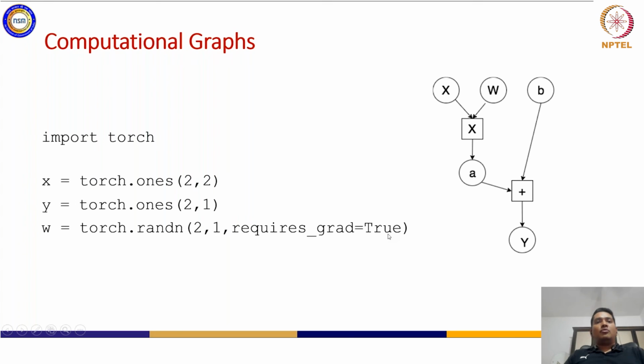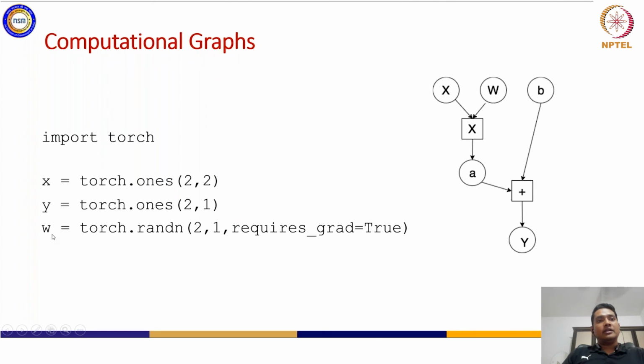Once you want to define the neural network, you need to know which are the input variables or input tensors and which are the parameter tensors or weight tensors.